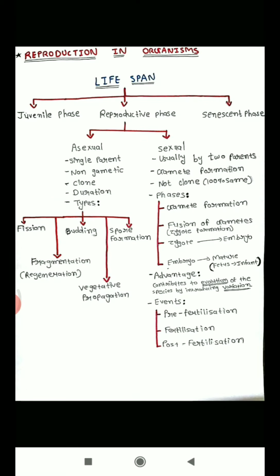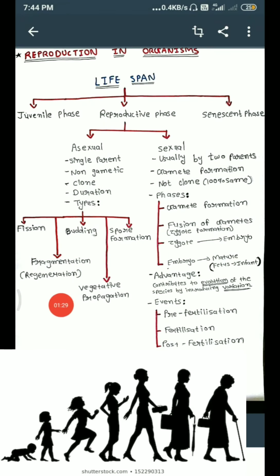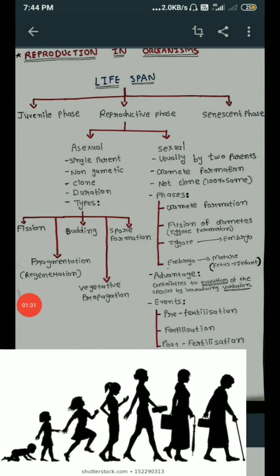By the process of reproduction, organisms multiply and increase their number. It is the ability of any living organism to produce the same kind of other organisms generation after generation.